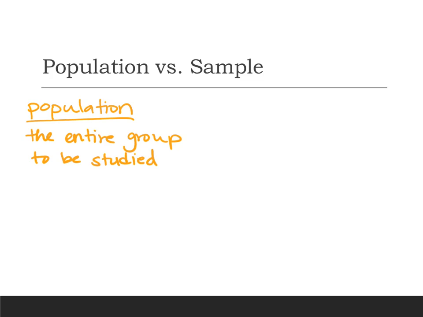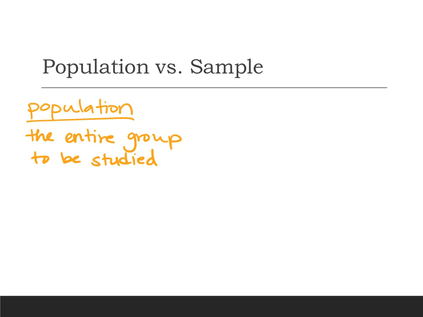So it helps to define the population to be as specific as possible, so that we don't end up having a lot of extra individuals in the quote-unquote population that we aren't actually going to be using or that won't be helpful to answer our question.